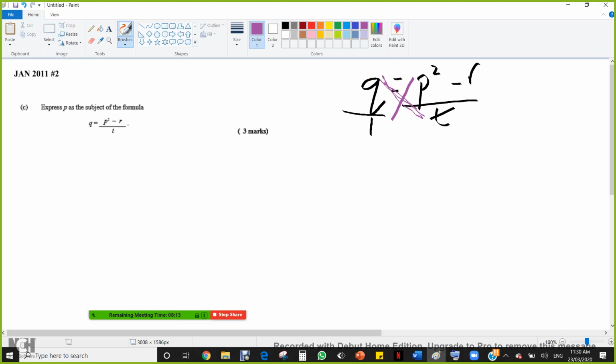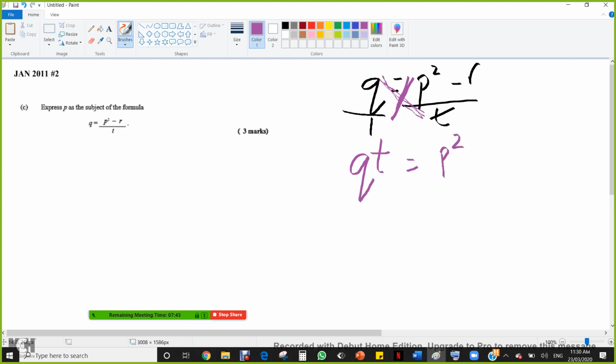So Q by T will give us, anybody can tell me? Q by T is what? TQ. No, QT. But yes, it's the same thing.